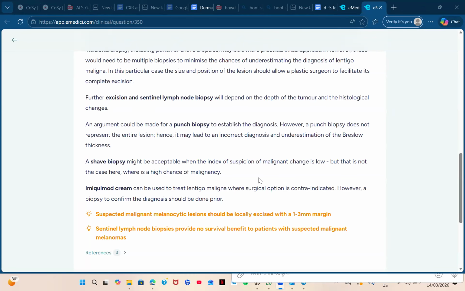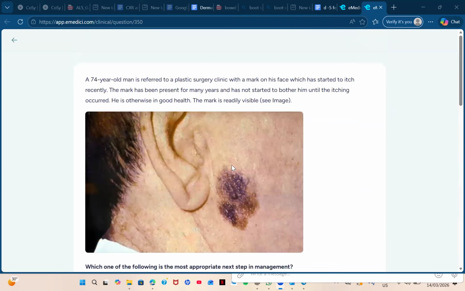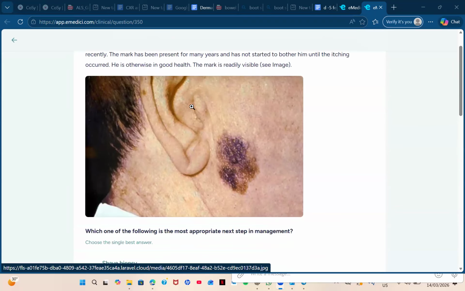However, a punch biopsy does not represent the entire lesion, hence it may lead to an incorrect diagnosis and underestimated Breslow thickness. A shave might be acceptable when the index of suspicion of malignancy is low, but that is not the case here, where there is a high chance of malignancy. So in this case we can do an excisional biopsy. Practically, we can do it here.